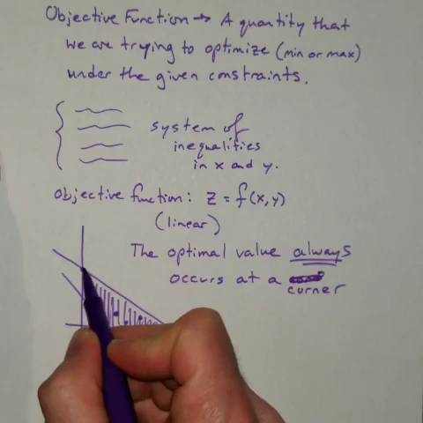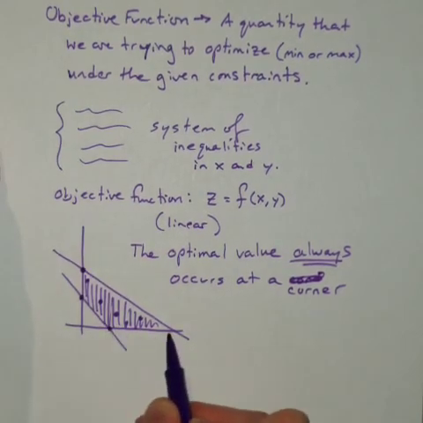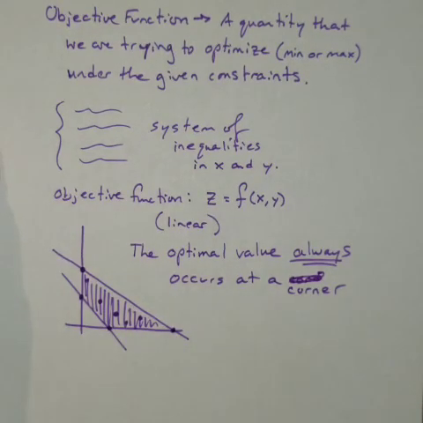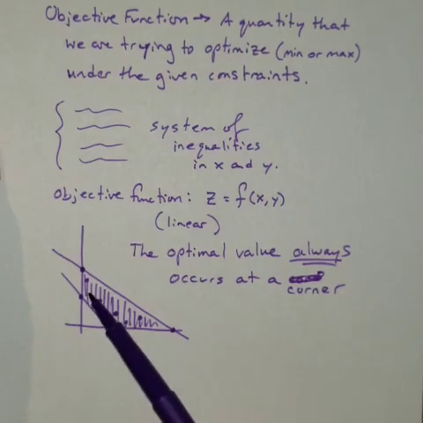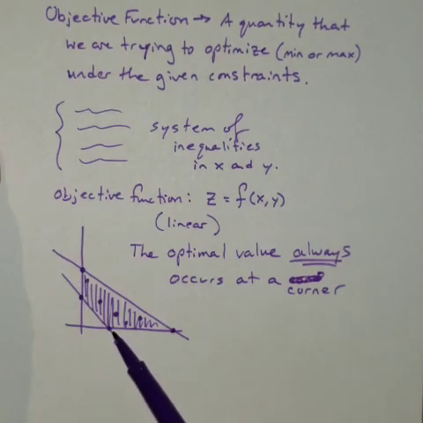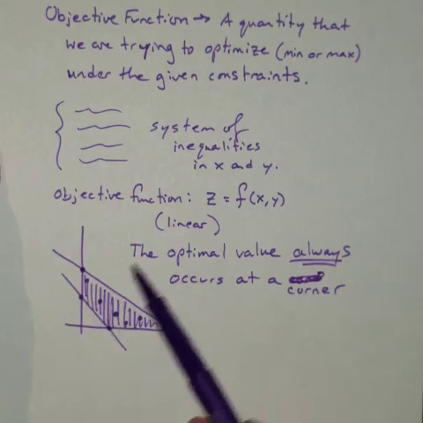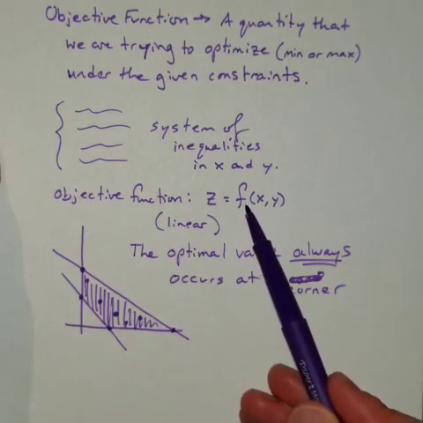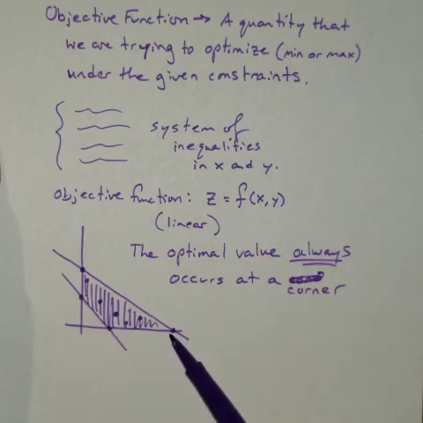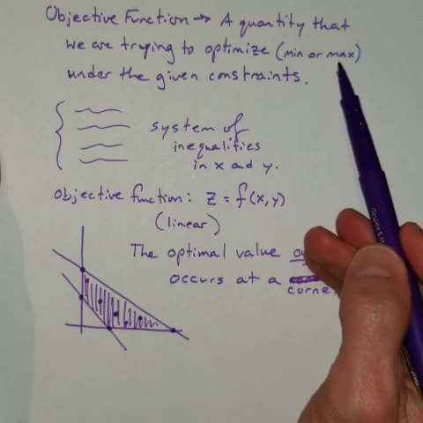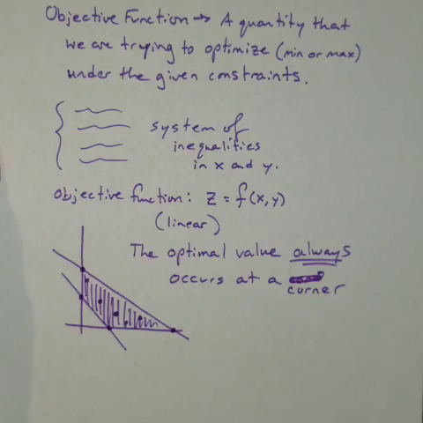So it's going to be that corner, that corner, whatever the corners are of that region. So the main thing, when we do these problems, is we have to first find the region, find the coordinates of every corner on the region, plug those coordinates into the objective function, and see which corner gives us the lowest or highest value depending upon what the problem is asking for. Okay, so we'll try an example here in the next video.